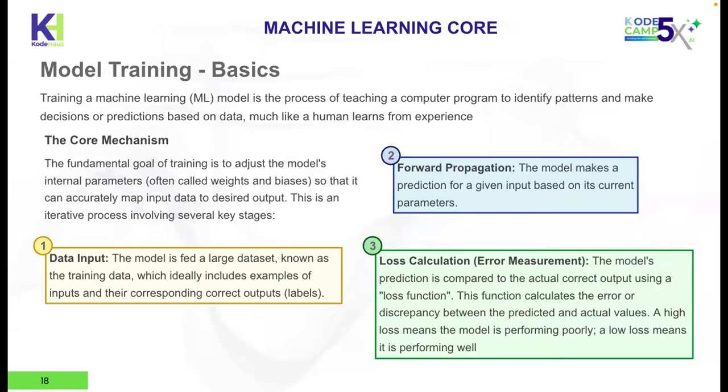You would adjust them so that the model will map any input data that you pass into it to a desired output that you want the model to predict.